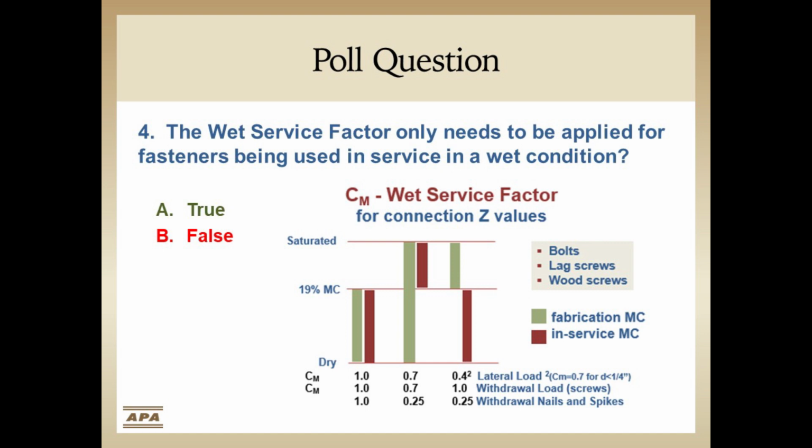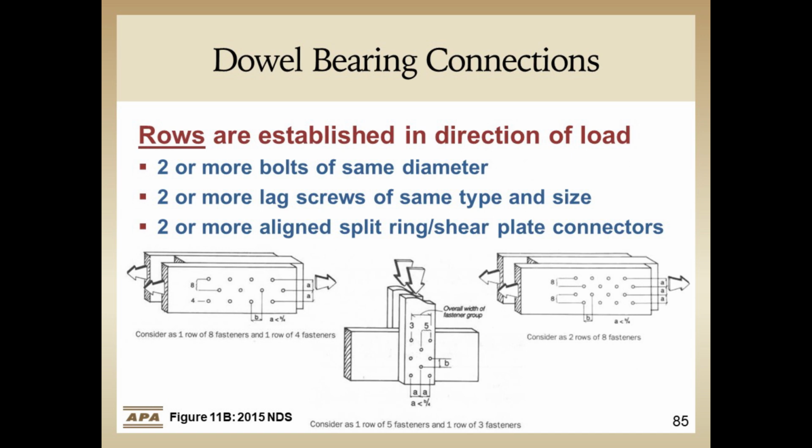So continuing where we were, discussing group action factors. A big factor in determining the group action factor is determining the number of rows, which can be a little bit tricky. So here are some diagrams to assist.